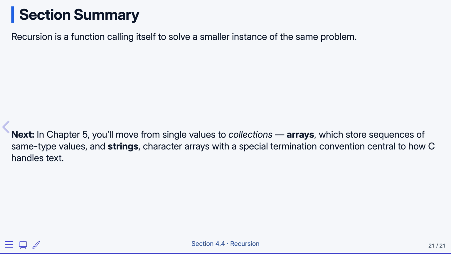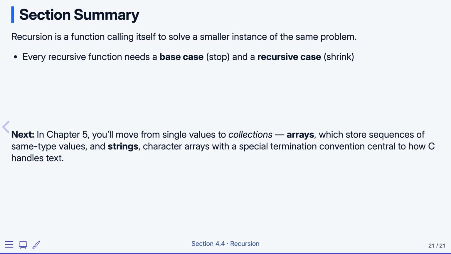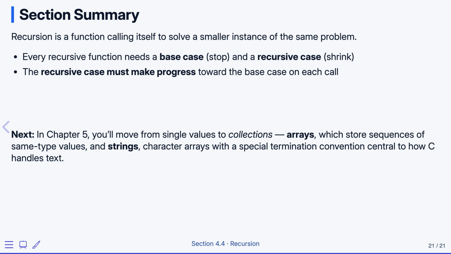Let's recap. Recursion is a function calling itself to solve a smaller instance of the same problem. Every recursive function needs a base case, which stops the recursion, and a recursive case, which shrinks the problem. The recursive case must make progress toward the base case on every call.